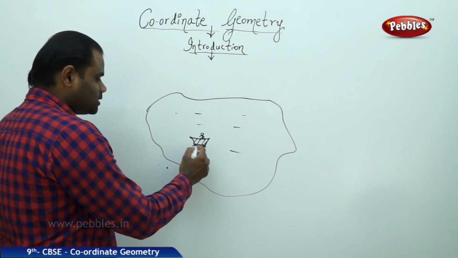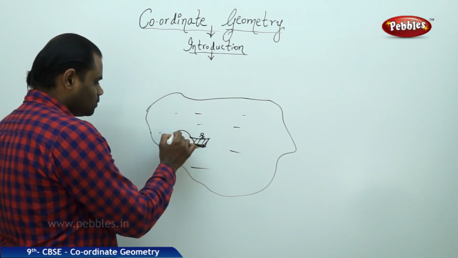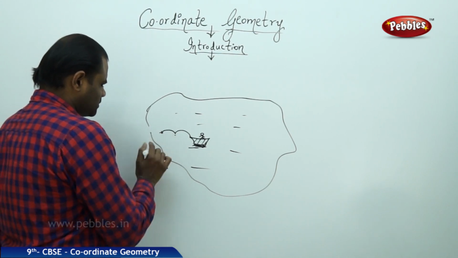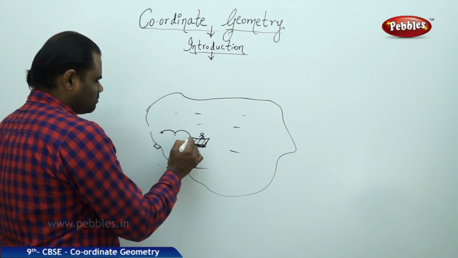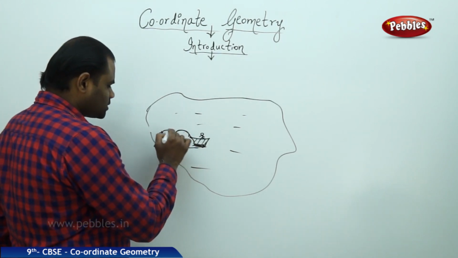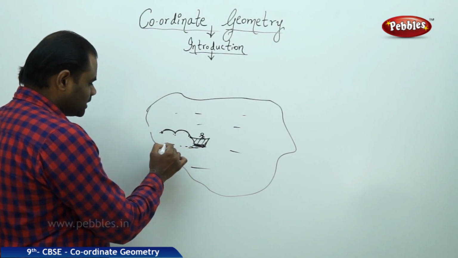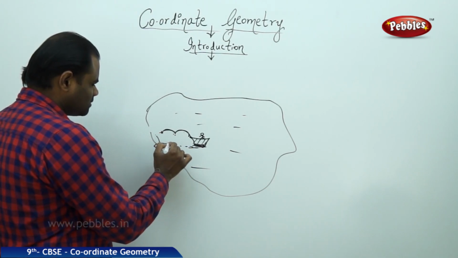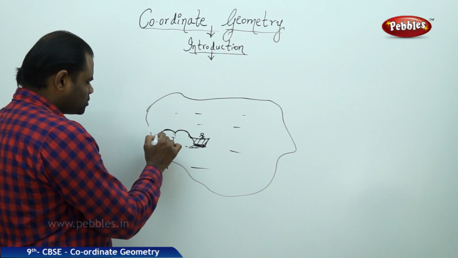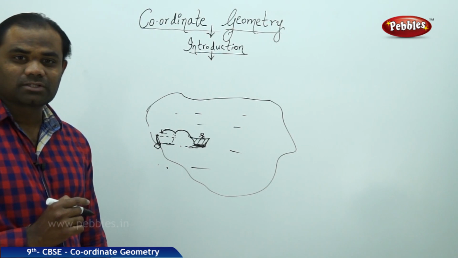The ship out here in the sea is assumed to be 2 units, 1, 2, and 3 units. A person standing here would like to see the distance moving 2 units towards this side, and then exactly when the ship moves to this place, from here the ship needs to move 1 unit down, is how we understand the distance being measured.